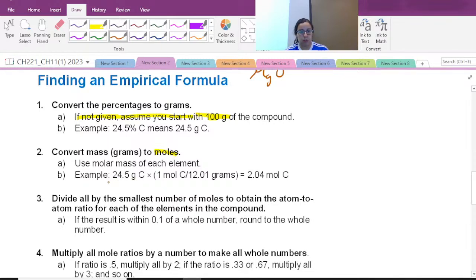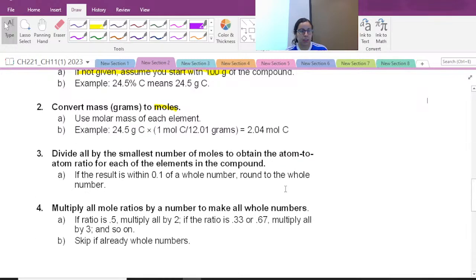So of course, if we were looking at 24.5 grams of carbon, divide by 12 to give us moles. And then we did this, or at least we were supposed to. Maybe we didn't really need to because our numbers were easy. But now it says divide by the smallest number of all your moles to obtain the whole number ratio. And this is where things get kind of tricky, and it's an experience and judgment call.